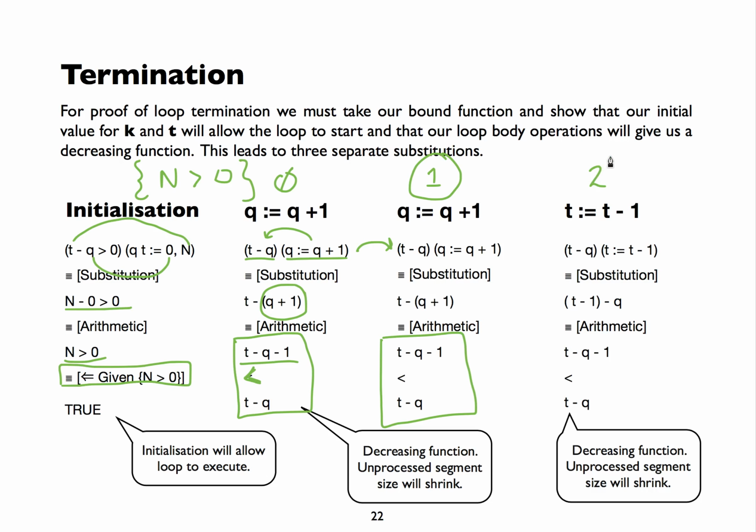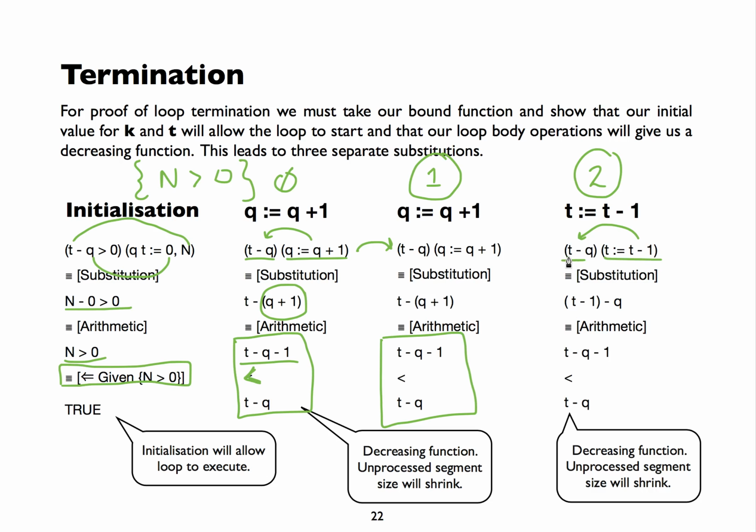Now, of course, in the final situation where we have f dot q equal to 2, something different happens. We don't increment q, we decrement t. So we need to take our bound function and substitute what happens to t into the bound function. So wherever there's a t, it's going to be replaced with t minus 1.